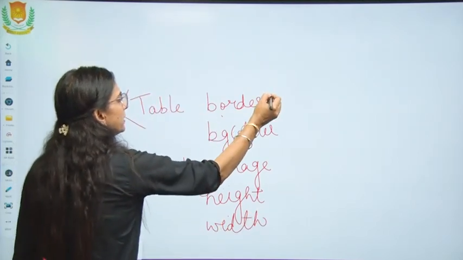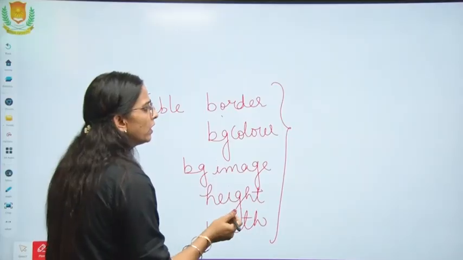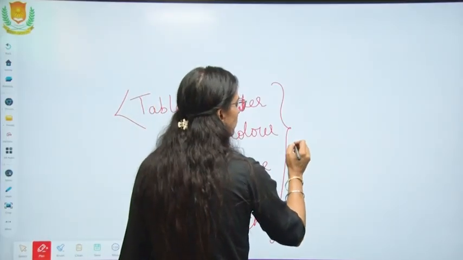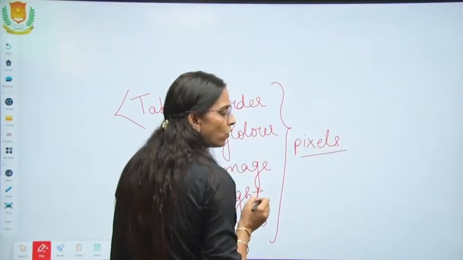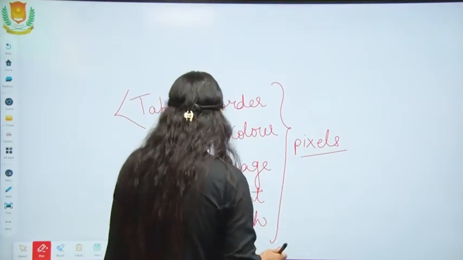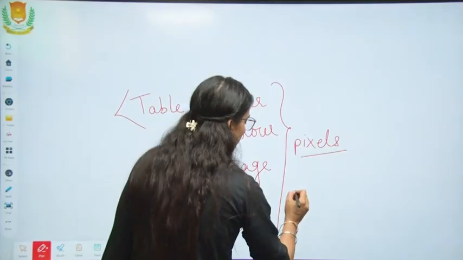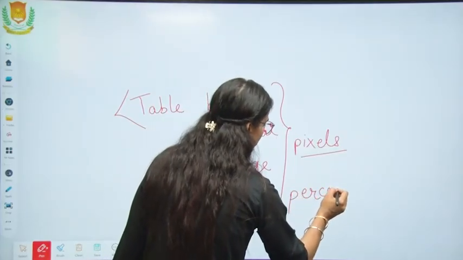So these are the different attributes of the table. You can use these attributes with values, which can be given in the form of pixels, or you can give them in the form of percent also.